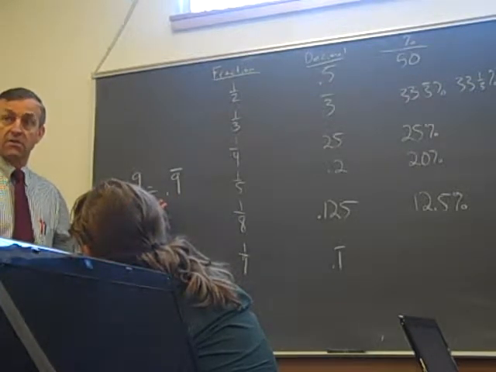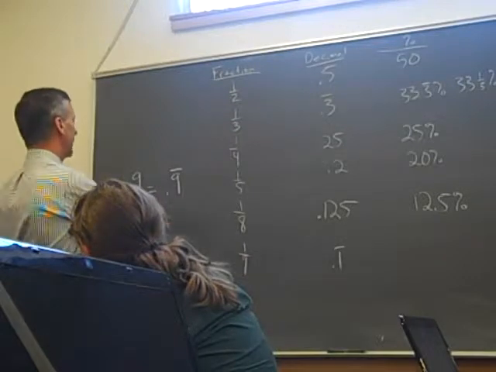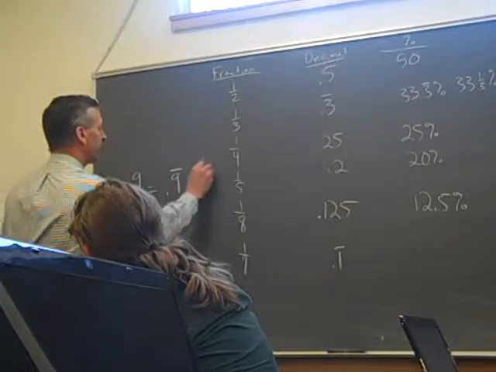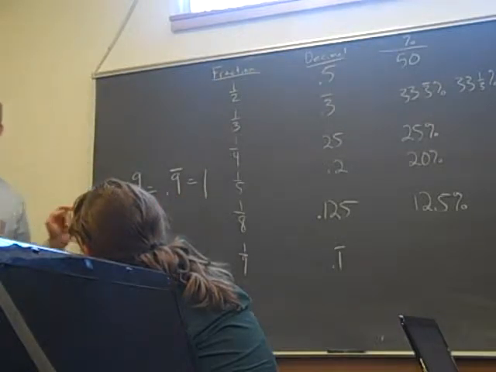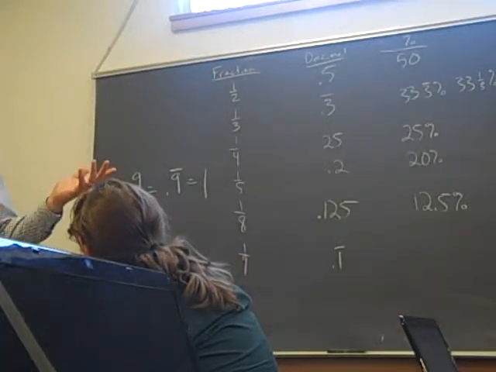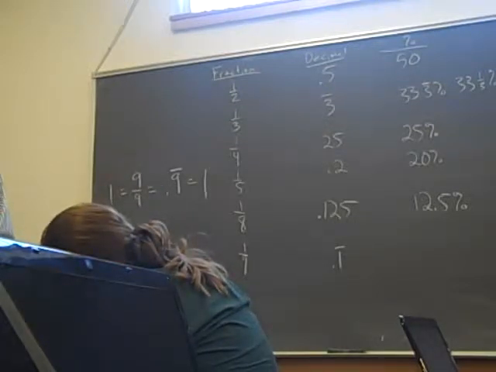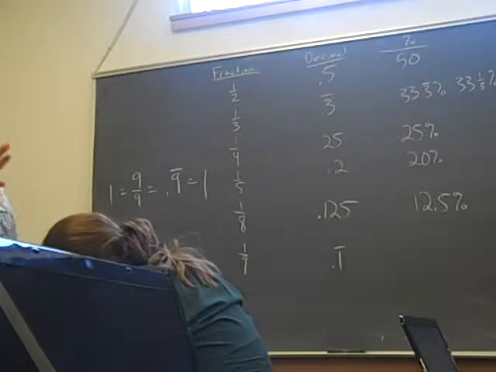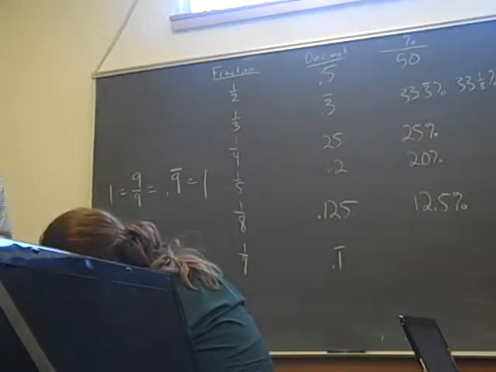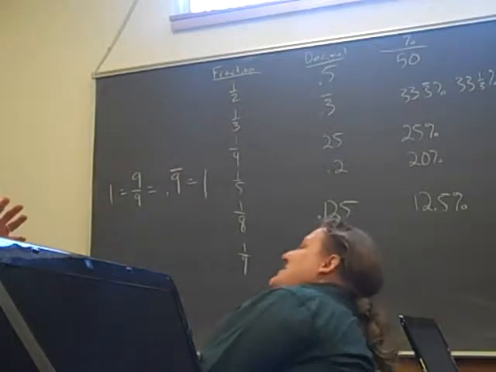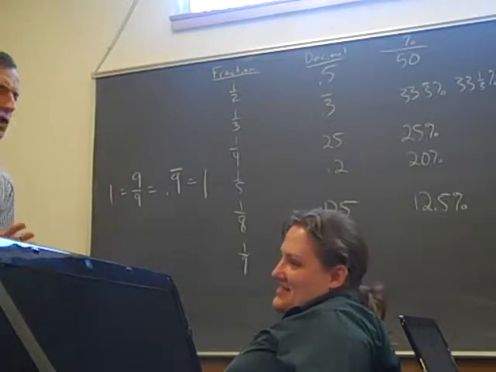Yeah. So that proves that, because we know this is equal to 1, right? So that proves that this is equal to 1. Doesn't it? Yeah. 0.9 that goes on forever is equal to 1. Now, if you stop somewhere down the road, it wouldn't be equal to 1, it'd be short of 1.